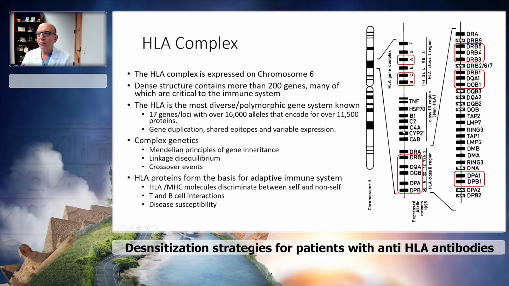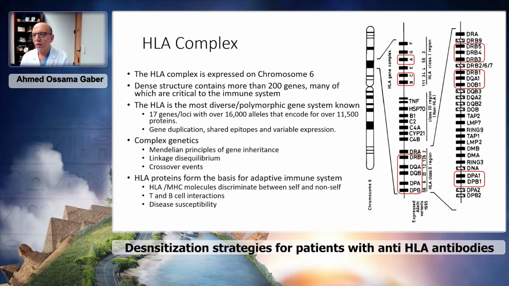So these are all very important genes in determining the immune response, and the HLA genes are lying in between them. They consist of 17 gene loci with over 16,000 alleles. These big numbers indicate the pleomorphism of the HLA complex, which has so many variations, which of course we observe in clinical practice. It is inherited under the Mendelian principle of gene inheritance.